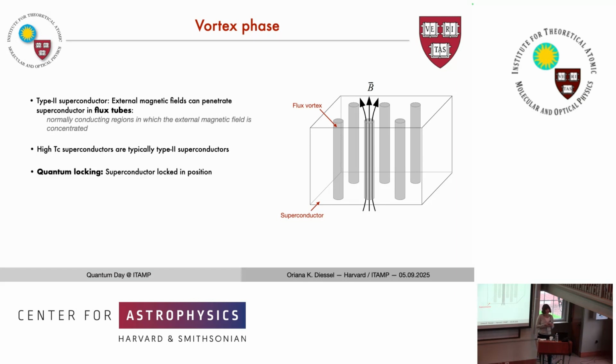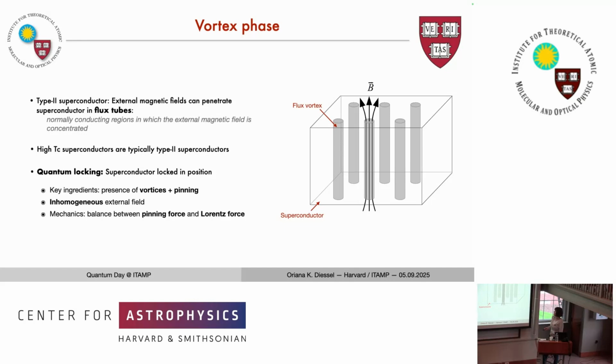This vortex phase gives rise to another cool phenomenon, which is called quantum locking. When we put such a type 2 superconductor above a magnet, it gets locked in position. The reason for this is that we have these vortices, and these vortices are usually not free, but pinned at some lattice defects. If we now try to move our superconductor through some inhomogeneous magnetic field, the external field would change, and this would, via magnetic induction, create some electric potential.